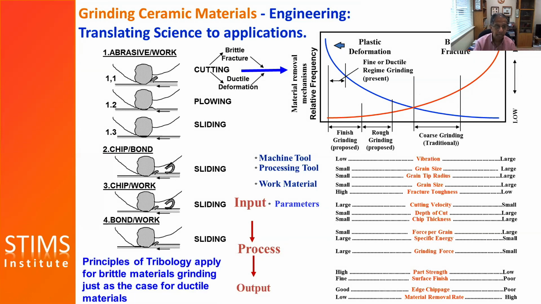Now, all the other principles of tribology apply. So you have to be a very good tribologist as much as a machine technologist if you want to be a good grinding person. In fact, I would argue that grinding is machining plus tribology. Then machining is a subset of grinding, as opposed to people thinking of grinding as a subset of machining.